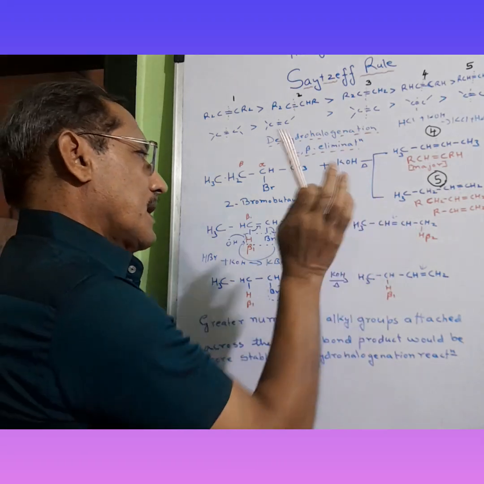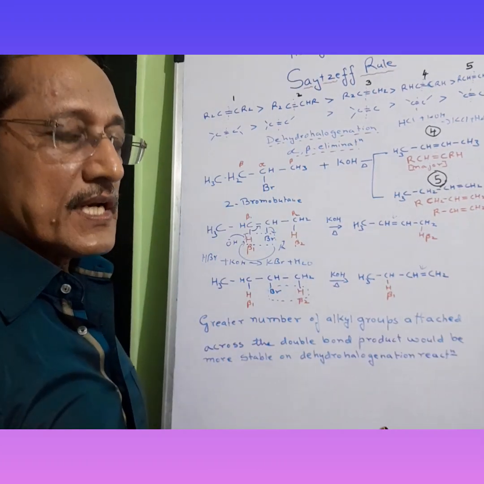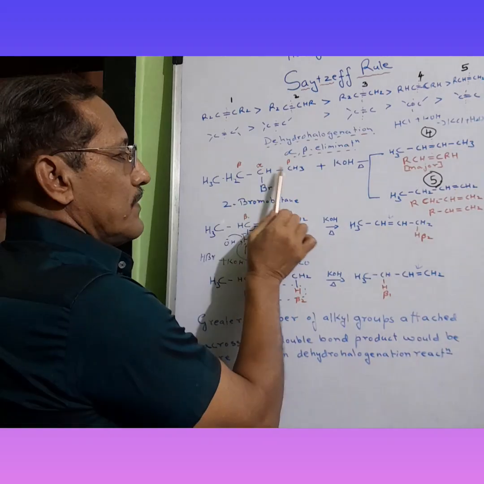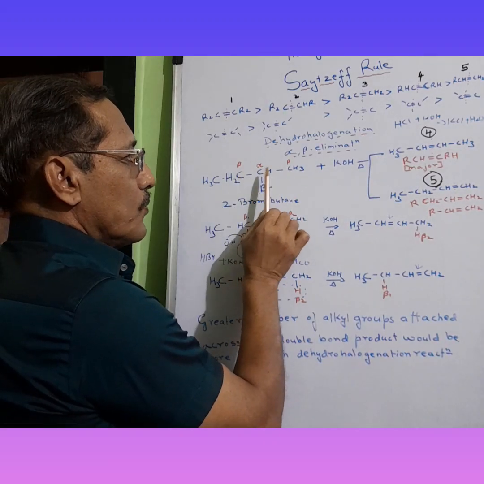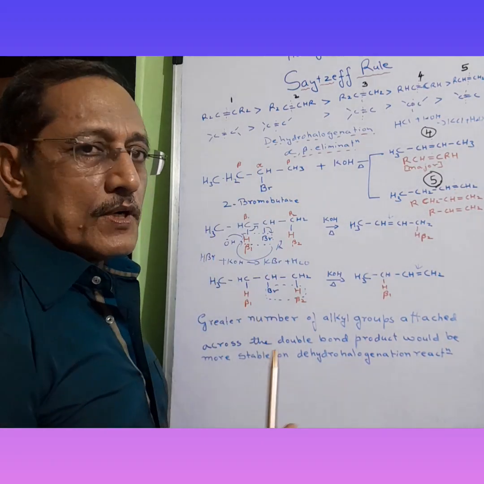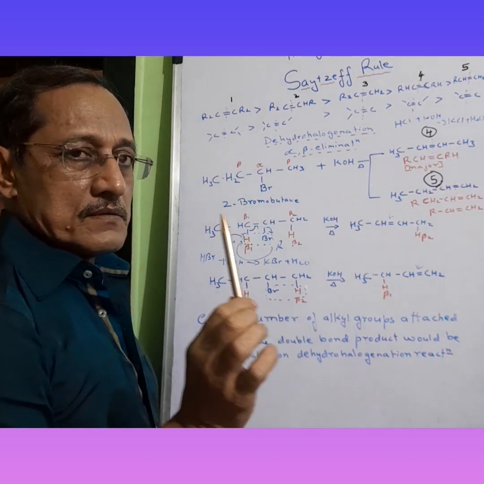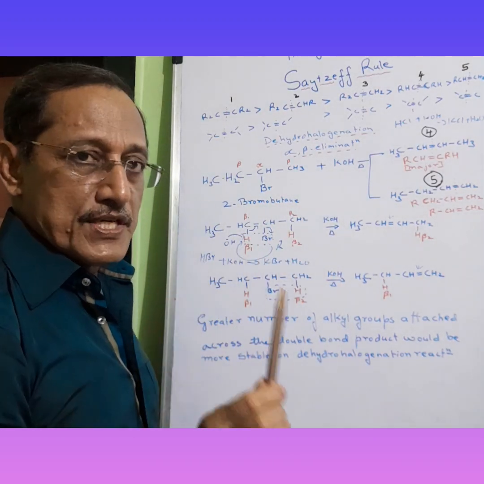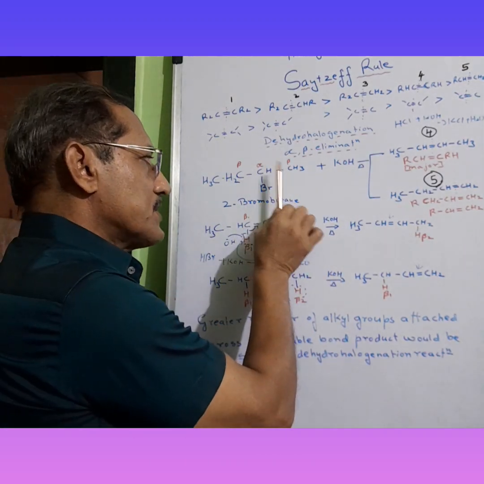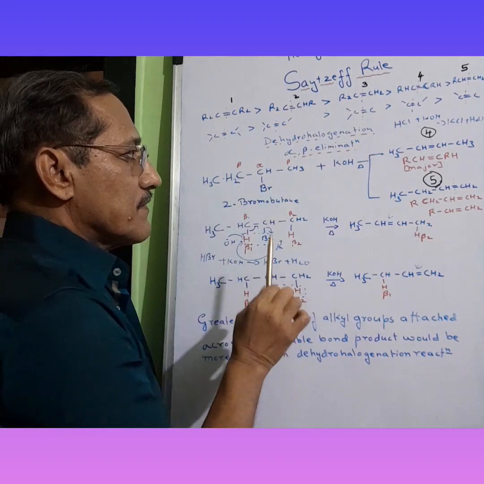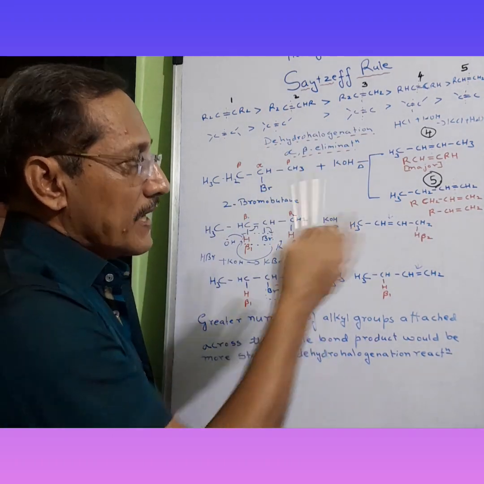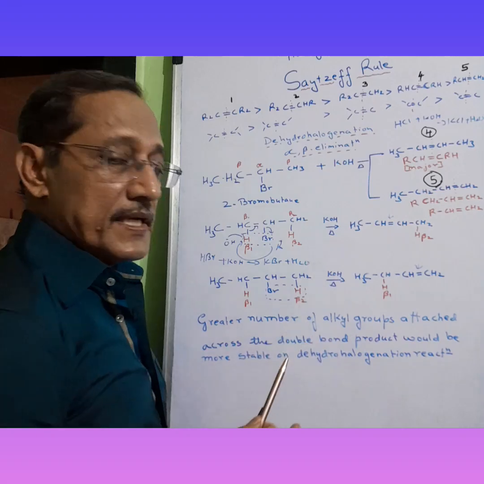And when this situation arises, when we have 2 beta hydrogens both having equal probability of dehydrohalogenation, then via Saytzeff rule we can decide prior to formation which would be major.